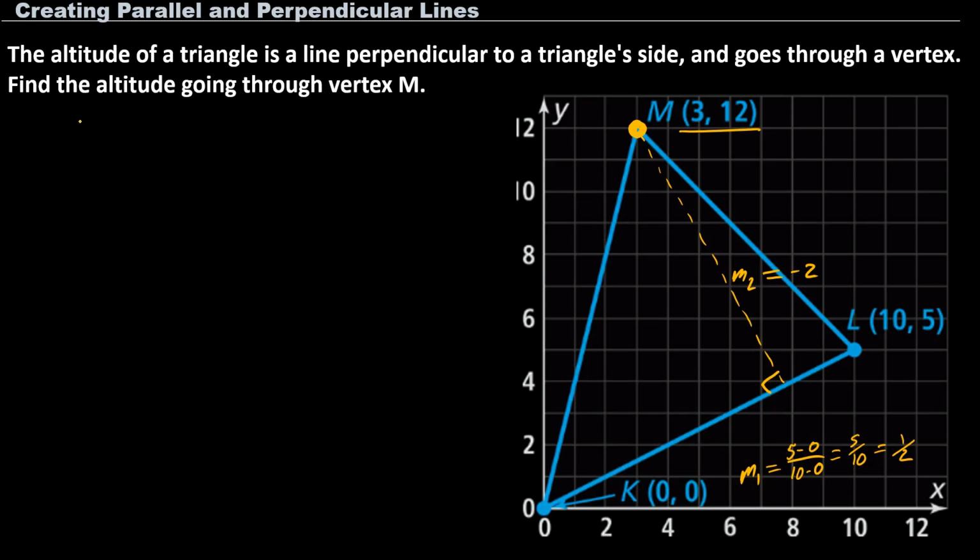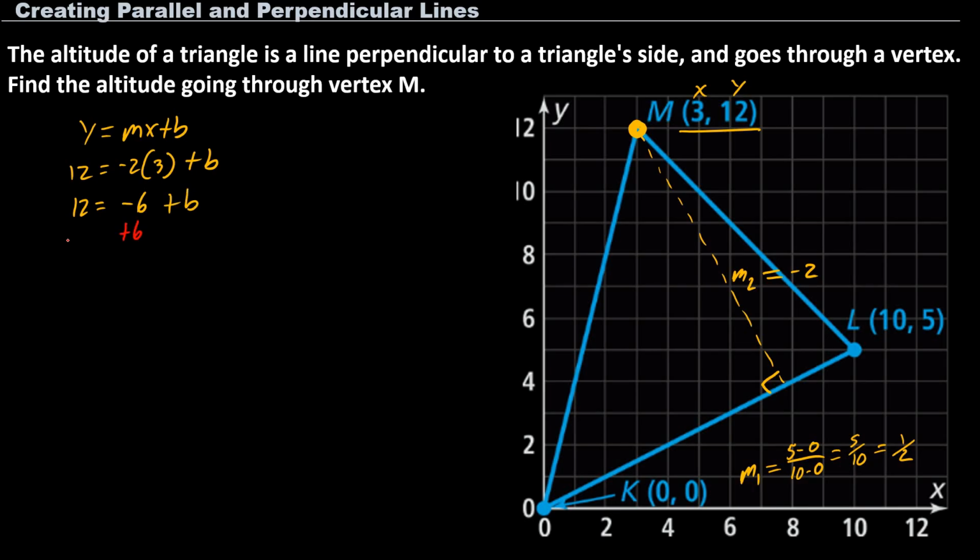So from there, we can now do everything we've been doing. So y equals mx plus b. So I'm going to use the 3 and the 12 over here. So 12 is equal to negative 2 times 3 plus b. 12 is equal to negative 6 plus b.